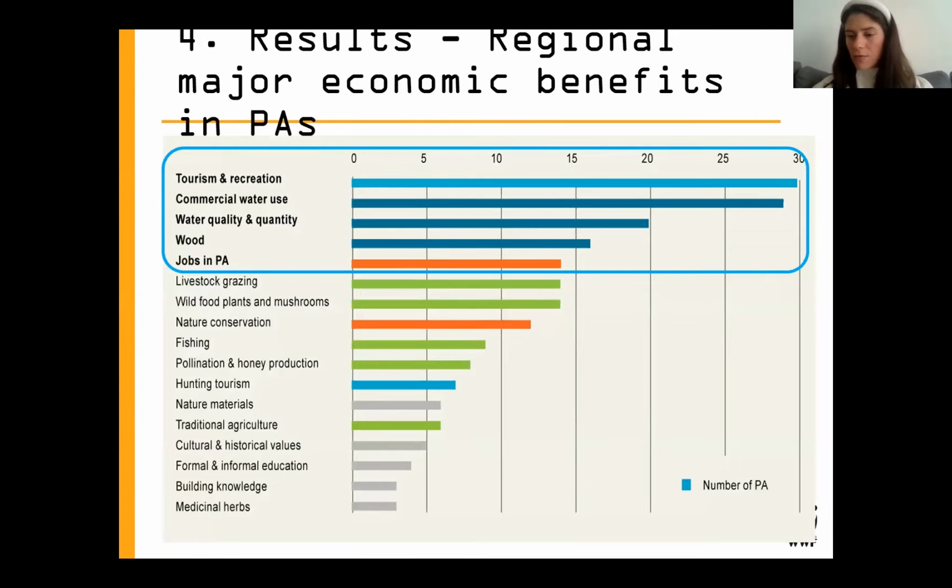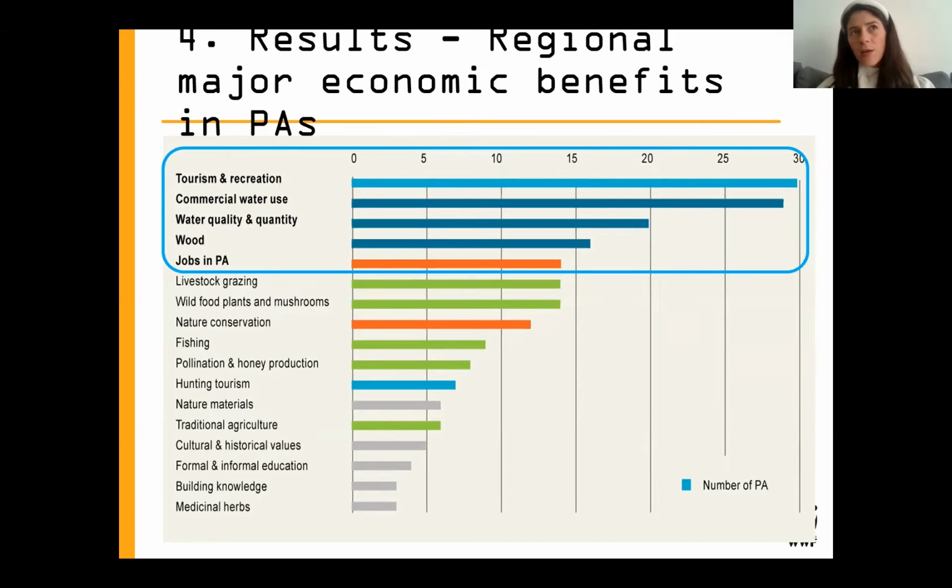So here I would really like to present the values on a regional scale. We can see that tourism, water, forestry, and jobs are the most valued. I will focus here on forestry, just to name that in some countries, not Slovenia and Croatia, protected areas are being financed through natural resource use.